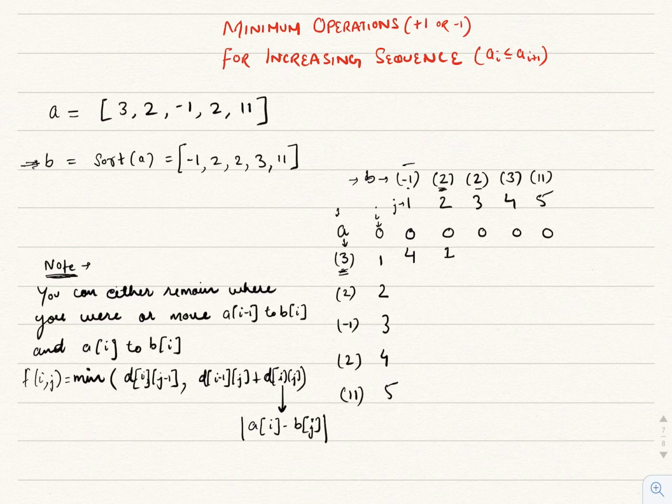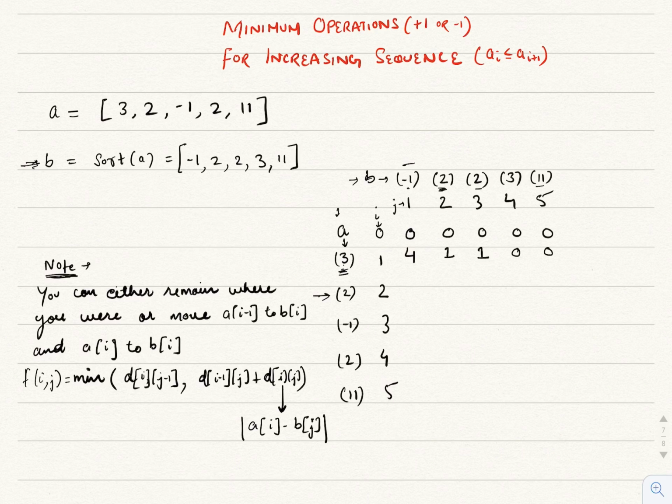Moving 3 to 2 is going to cost me 1 operation, and previously I had 1, so the minimum of them will be 1. Now moving 3 to 3 is going to cost me nothing, 0, and the previous operation count was 1, so the minimum will be 0. And moving 3 to 11 is going to cost me 8 operations, and previously I had minimum 0, so the minimum of them will be 0.